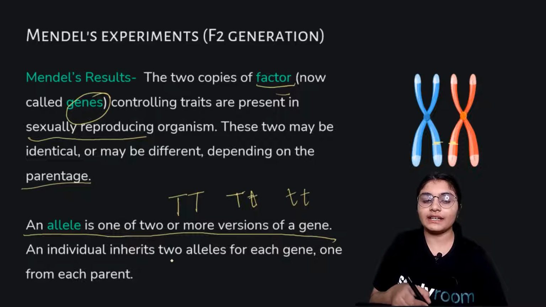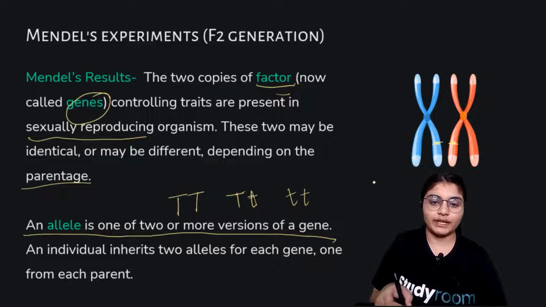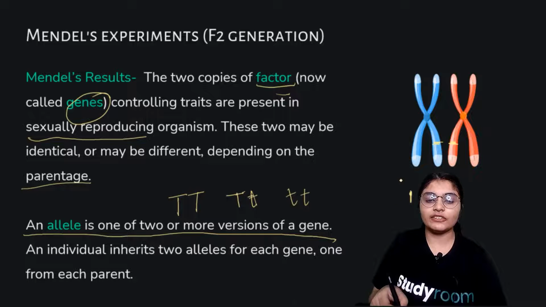An individual inherits two alleles for each gene, one from each parent. So one allele is inherited from the father, and one allele is inherited from the mother, and hence the individual will have two alleles for each gene.